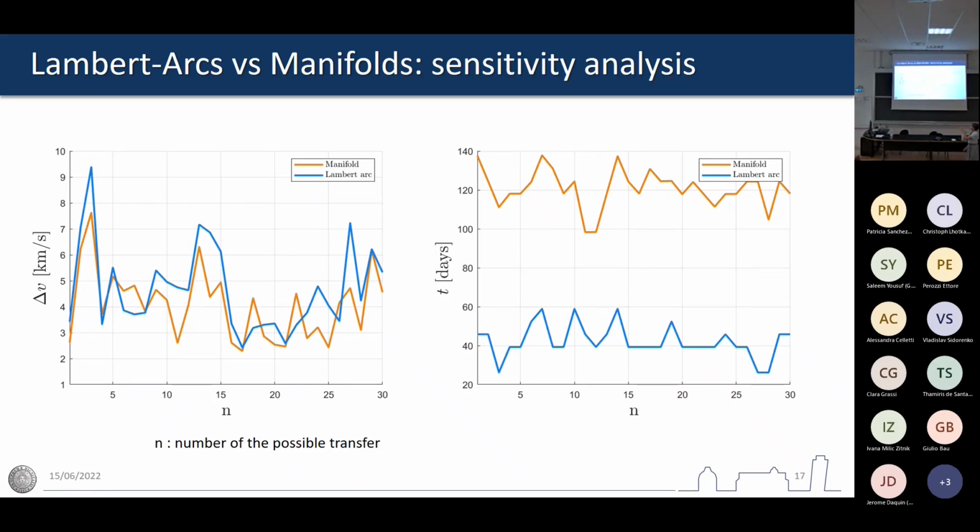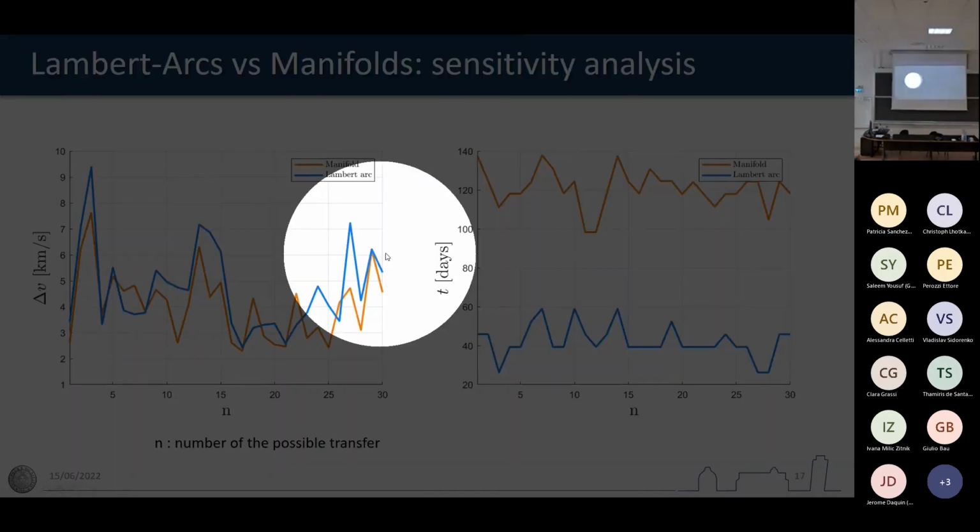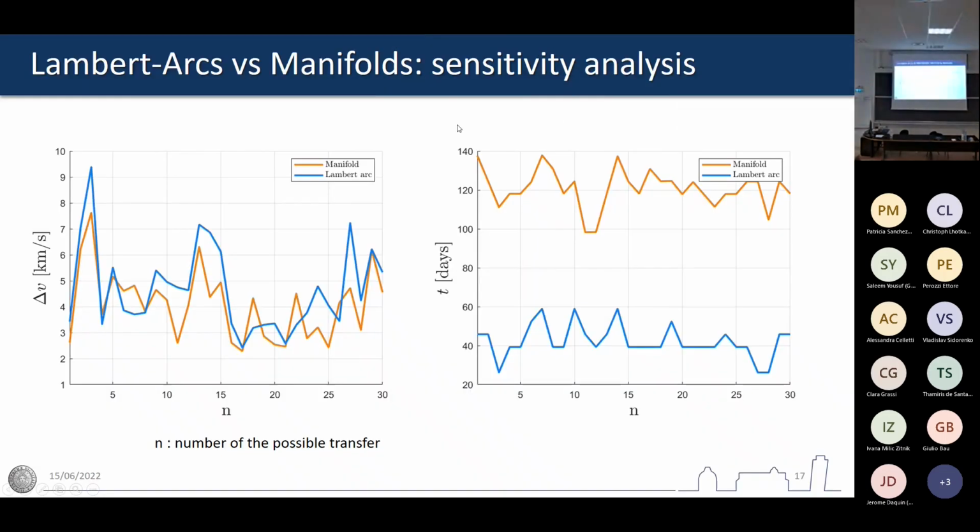The delta V is in the order of kilometers per second, quite a lot. And you save a lot of time. So from 100 days, you move to 40 days. So we decided to try to combine these two methods to reduce the energy consumption and to find a compromise on the time of flight.